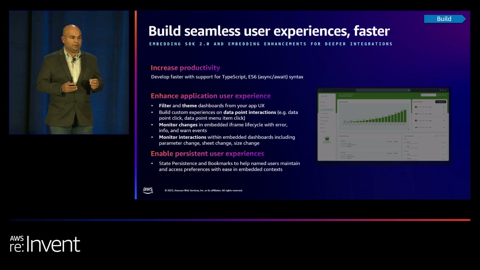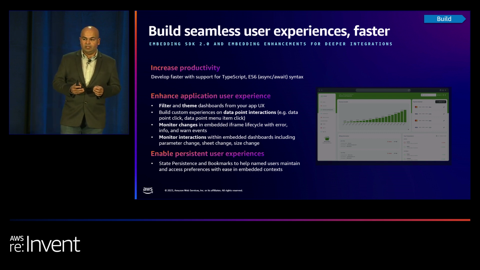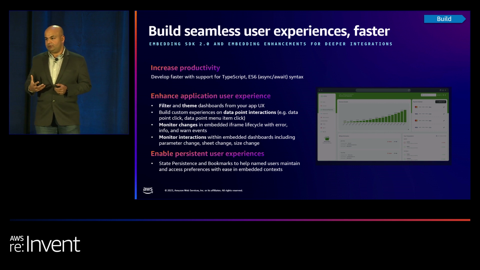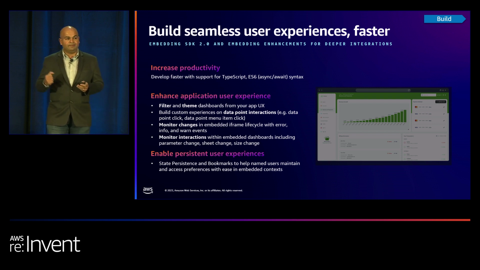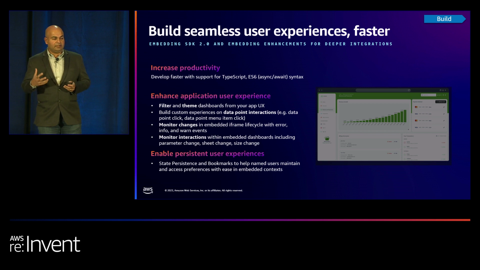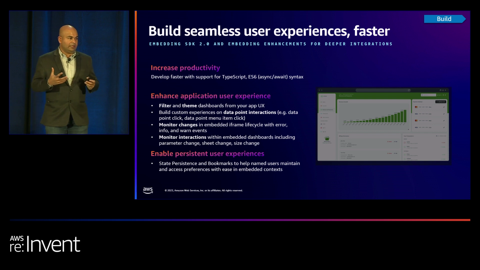Now, it's often not enough that you put in a dashboard. You want that dashboard to interact with your application. So we do offer themes in QuickSight, which allow you to customize the color and the font and so on of the dashboards to fit the application that it is being embedded in. At the same time, we also offer a JavaScript SDK, which now supports TypeScript as well. And this SDK can allow you as the developer to embed and to understand what's going on in QuickSight.